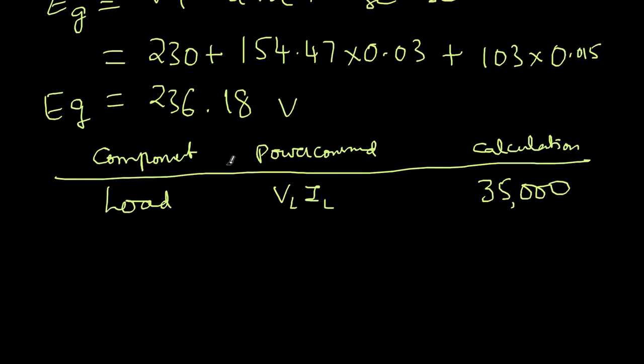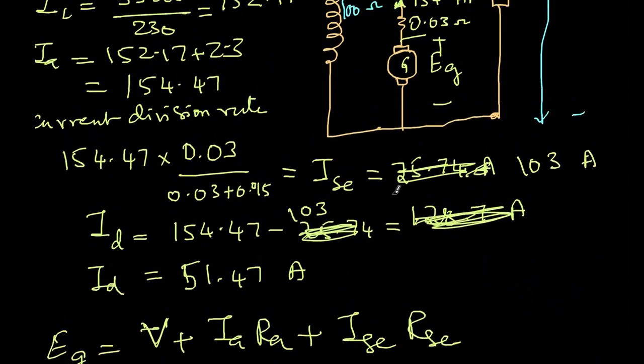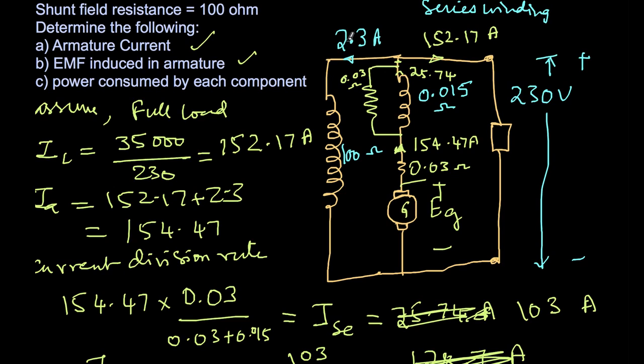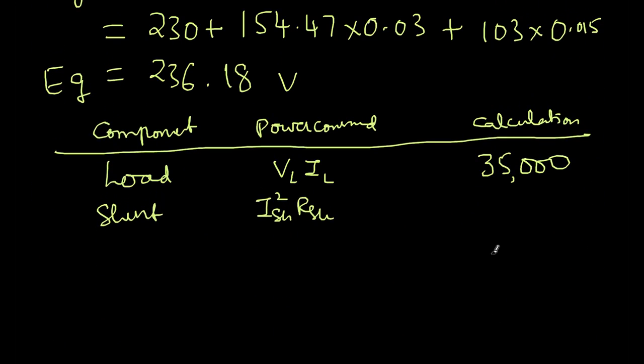Next, what is the power consumed by the shunt field winding? This is nothing but ISH square RSH. What is the shunt current? Here I can see in the drawing 2.3 amperes. So I'll just do 2.3 multiplied by 2.3 multiplied by 100. This will give me 529 watts that you can see on the screen. So I'll write that here. And what is the power consumption in the series field winding?